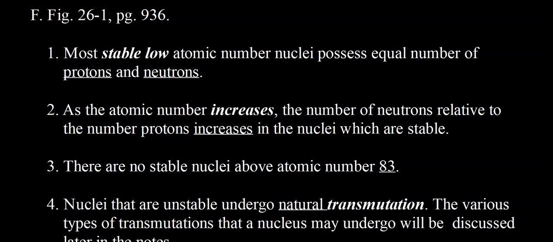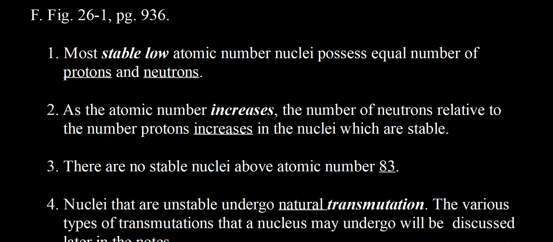Again, as the atomic number increases, that neutron to proton ratio will also increase. It takes more and more neutrons to stabilize the nucleus as the number of protons increases. So that's one of the factors. If you have too many protons inside the nucleus, it becomes relatively unstable and susceptible to radioactive decay.